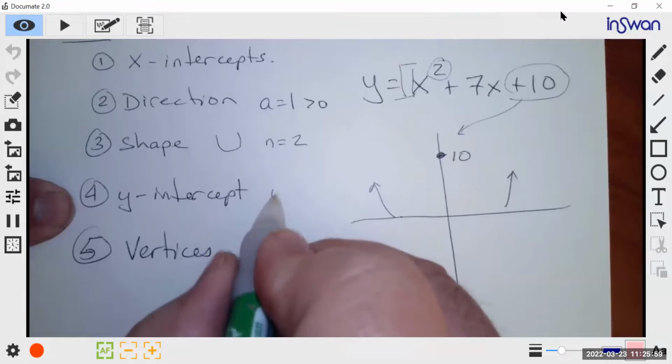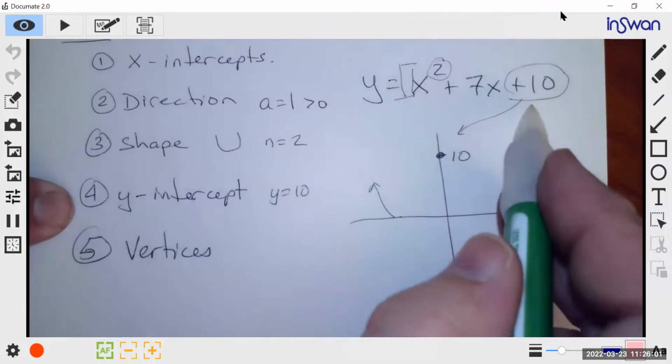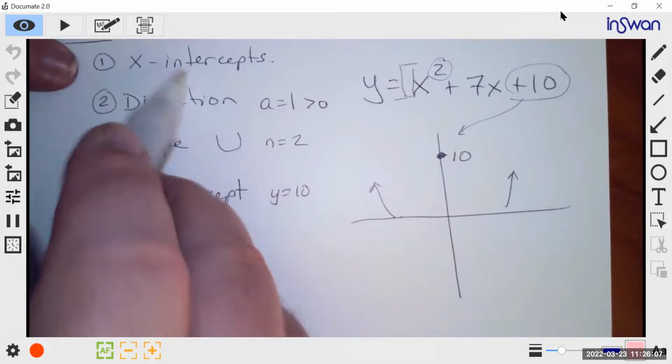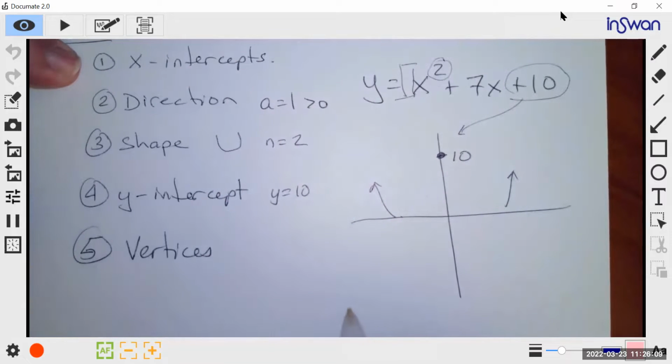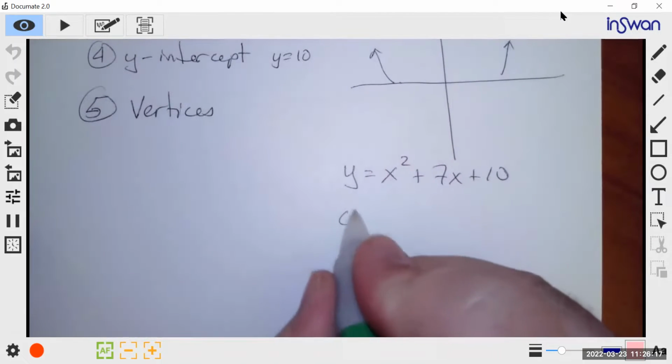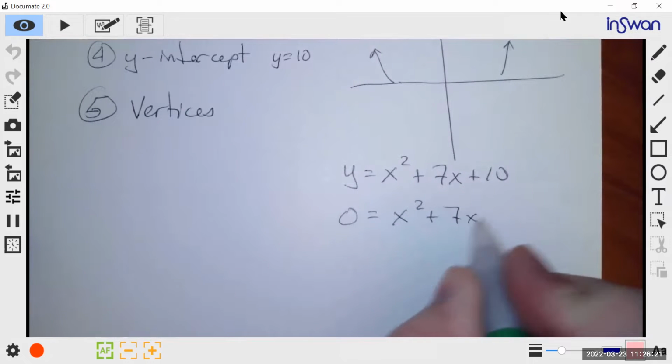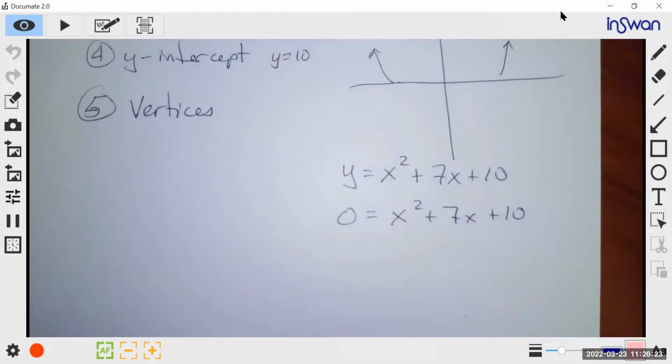The y-intercept is 10 because that's the constant. The way you find the x-intercepts is you have to set y equal to 0 and solve.